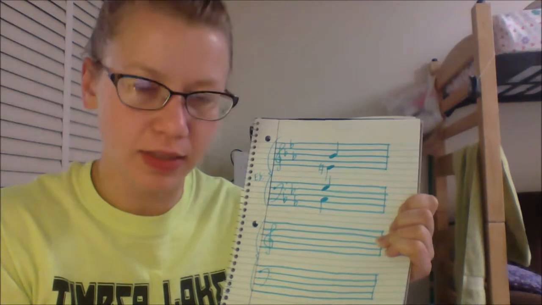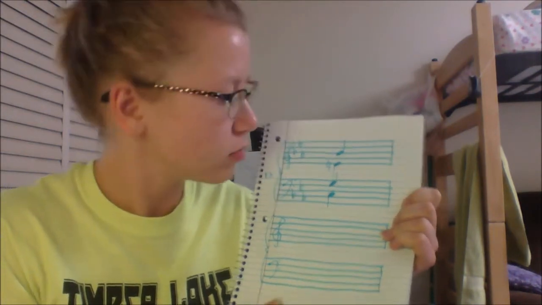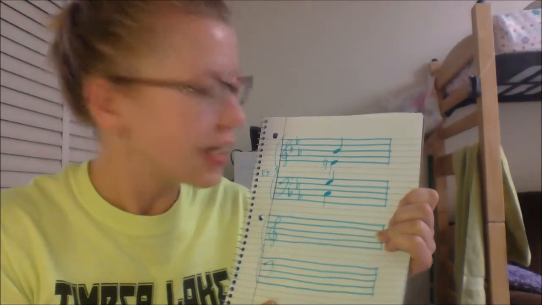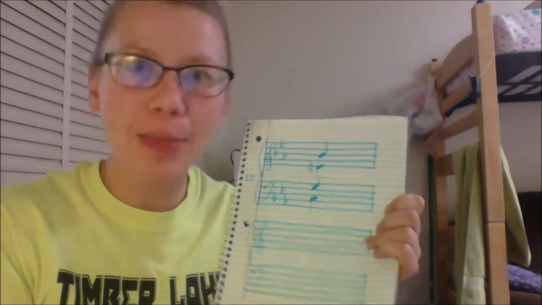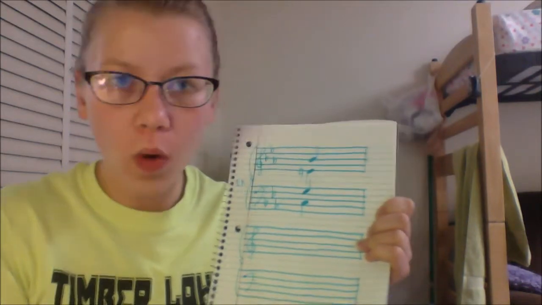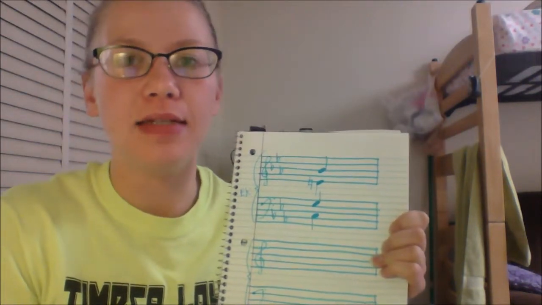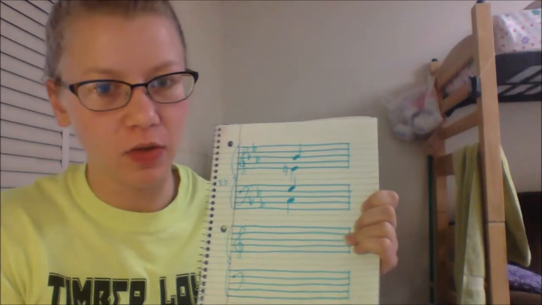Now, in order to figure out what kind of secondary function chord this is, we need to figure out if this is a major 7 chord, if this is a dominant 7 chord, or if it is a diminished or half diminished 7 chord.